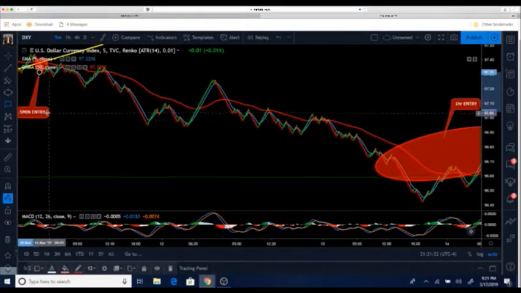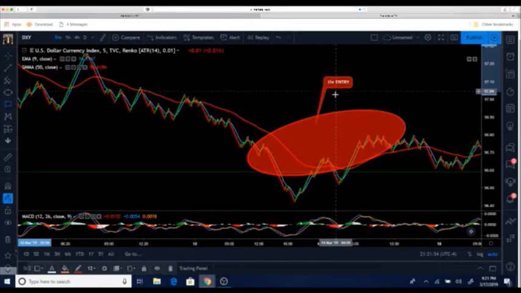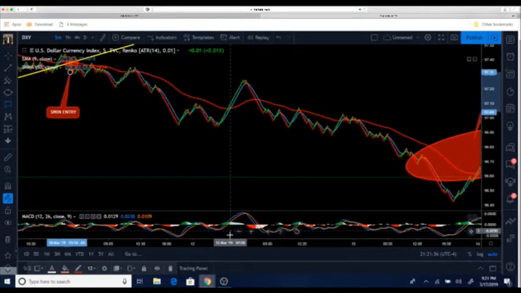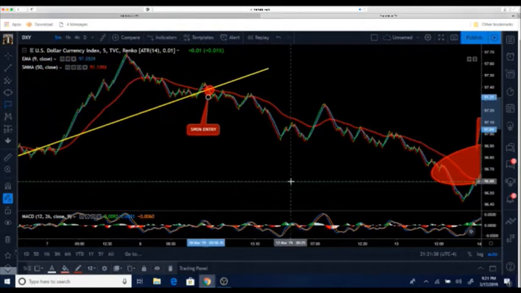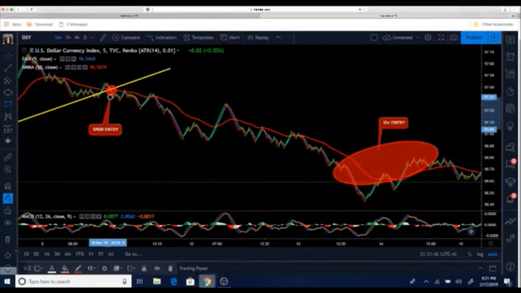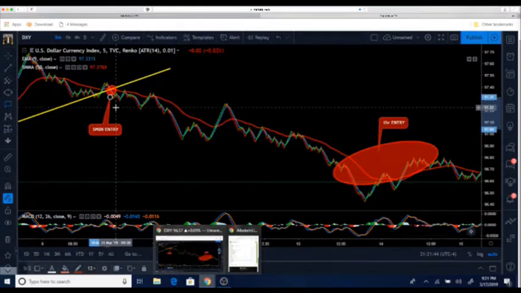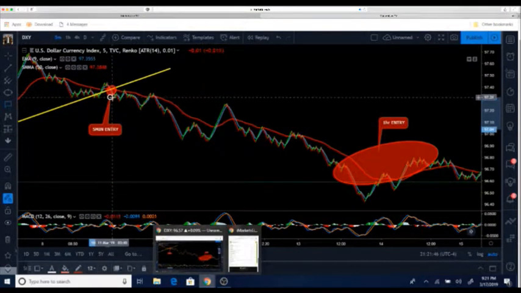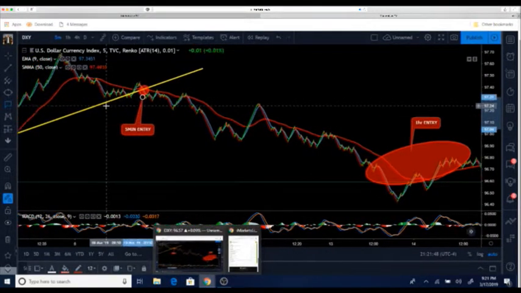Right? 5 minute entry, 1 hour entry. That's why I've always been telling you guys, you never ever enter on the time frame you analyze the market, right? Look at now your tight entry here.